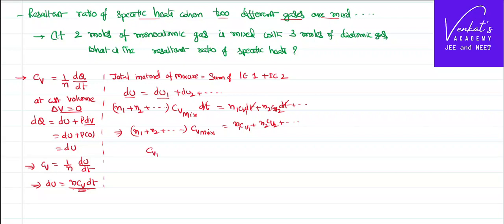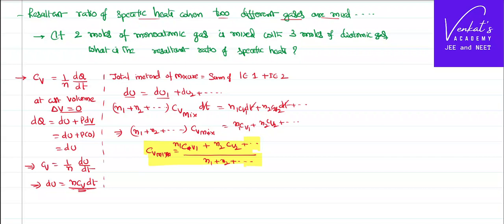So to find Cv of that mix, we can use the formula: n1 Cv1, that is the specific heat of the first gas at constant volume, plus n2 Cv2, and so on, by n1 plus n2 and so on. I can use this formula to find the effective specific heat of the gas at constant volume when they were mixed with each other.